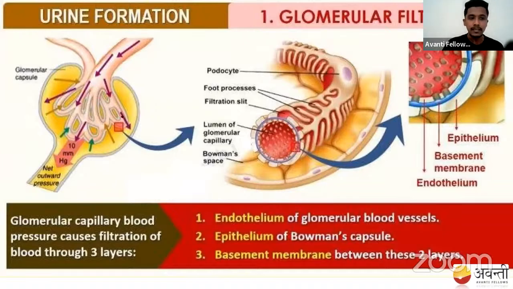Glomerular filtration happens in the renal corpuscle. The afferent arteriole carries the blood into the glomerulus, and we know that the glomerulus is a tuft of capillaries. As the blood passes into this glomerulus, there is a lot of blood pressure within these capillaries.